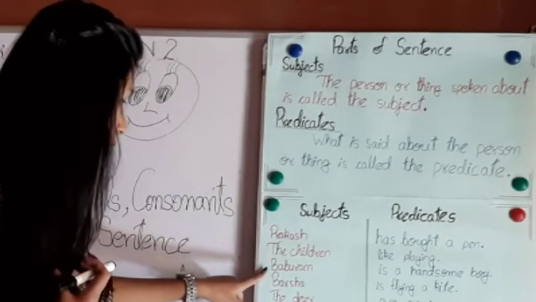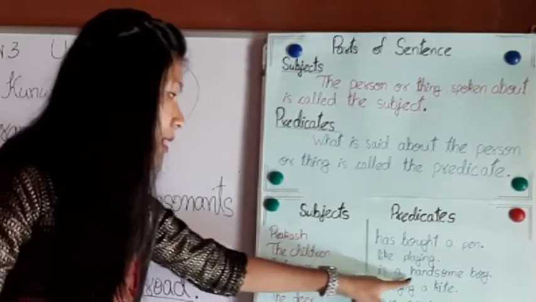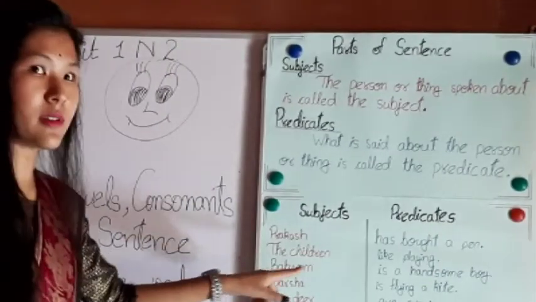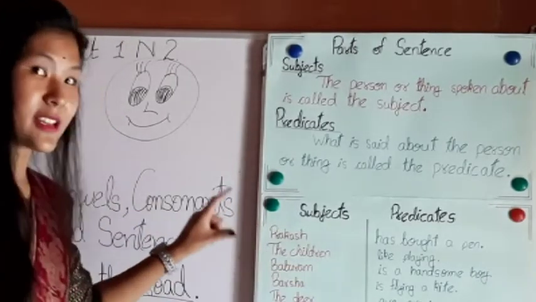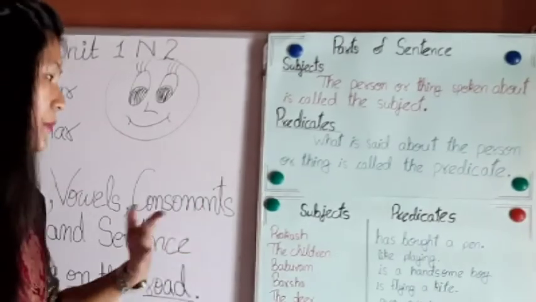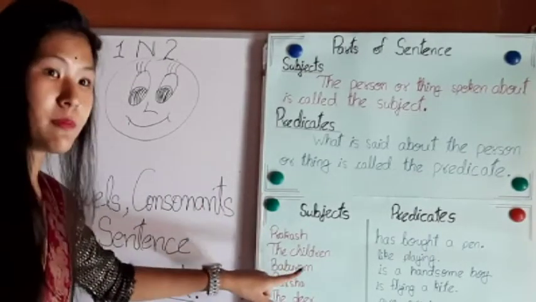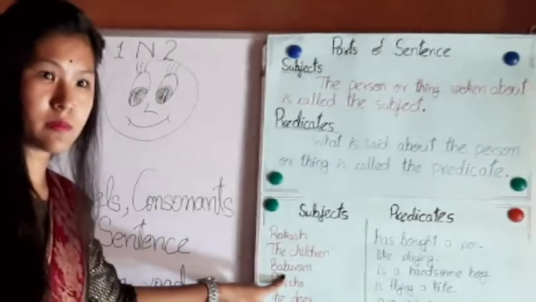Now let's go to the third one. Baburam is a handsome boy. It is a complete sentence and Baburam is the subject here. Again I am repeating, Baburam is the subject here because we are talking about Baburam. And how is Baburam?